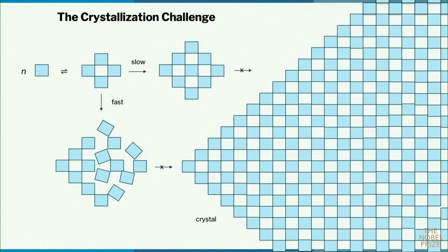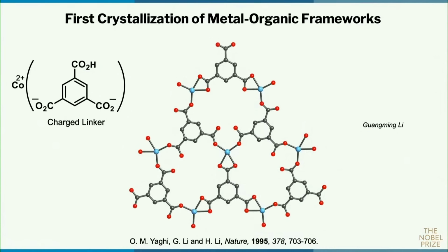And if it's too fast, then you make that awful hump I was talking about, this amorphous, ill-defined material. So that was the challenge that Guanming solved. She found the recipe that would take, for the first time, a charged linker, such as carboxylate, with cobalt-2+ to crystallize the very first MOF.